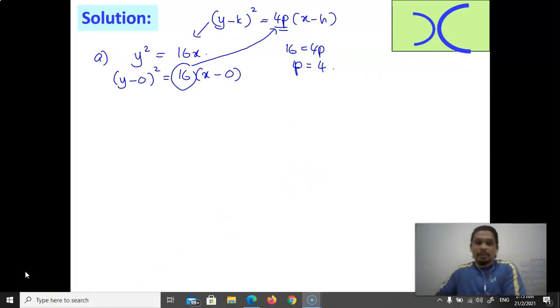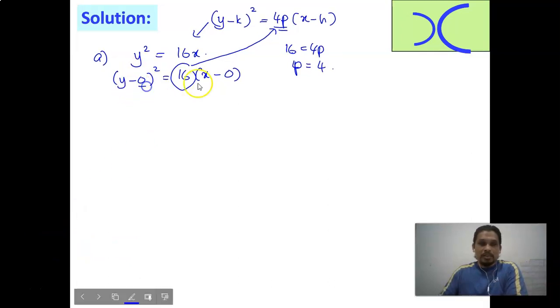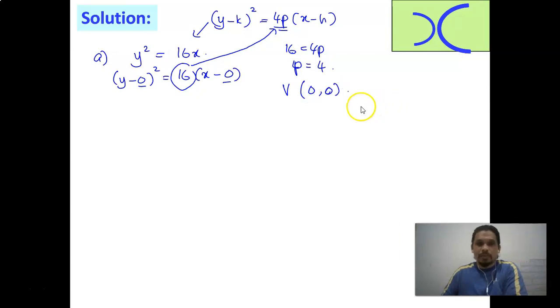Now, according to this, h and k give the vertex of the parabola, which is 0, 0, and p equal to 4.